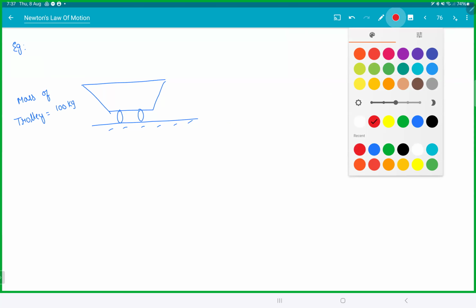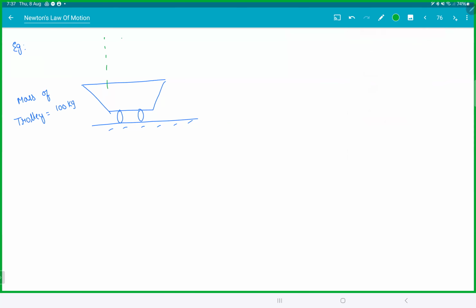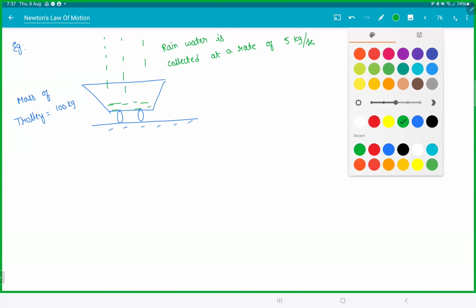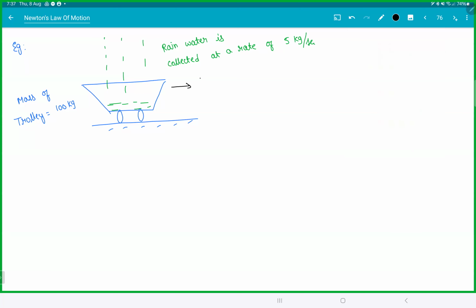And it started raining. And let's say rainwater is collected at a rate of 5 kg per second. So every second, 5 kg of rainwater is getting added into the trolley. And the trolley's speed is 10 meters per second, constant.